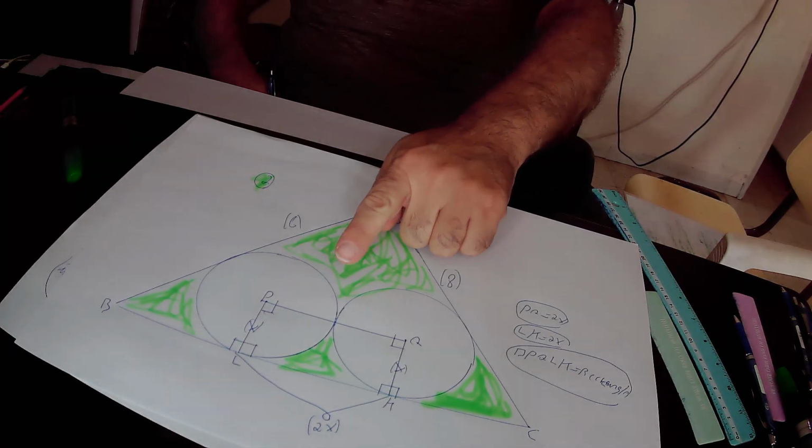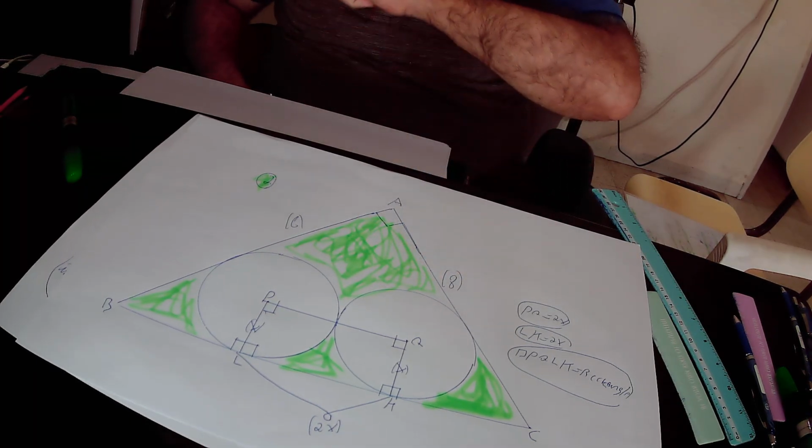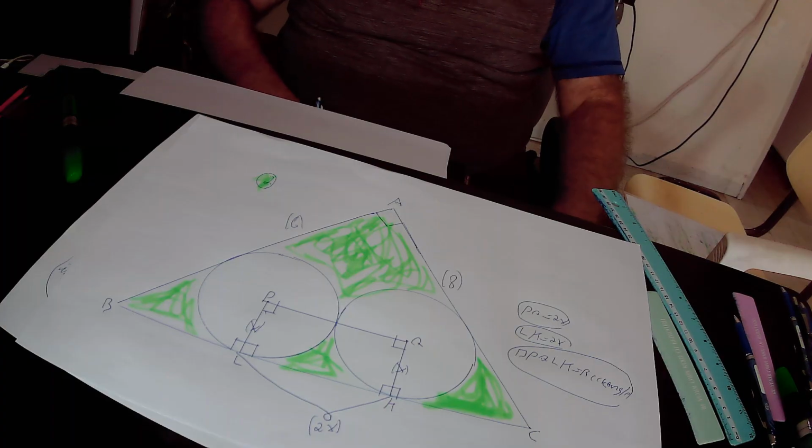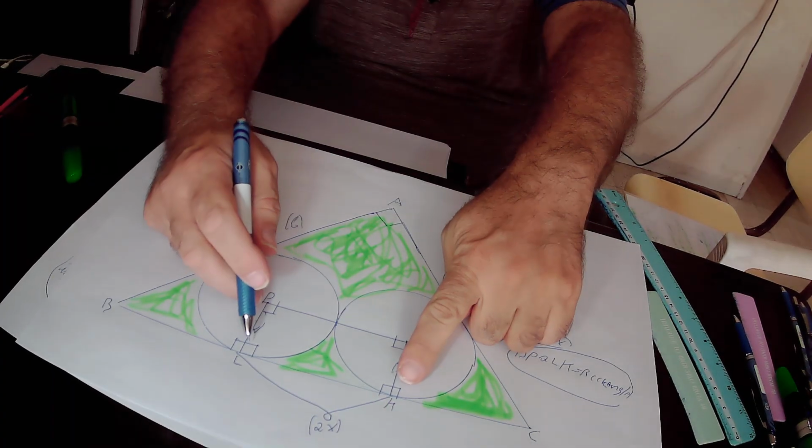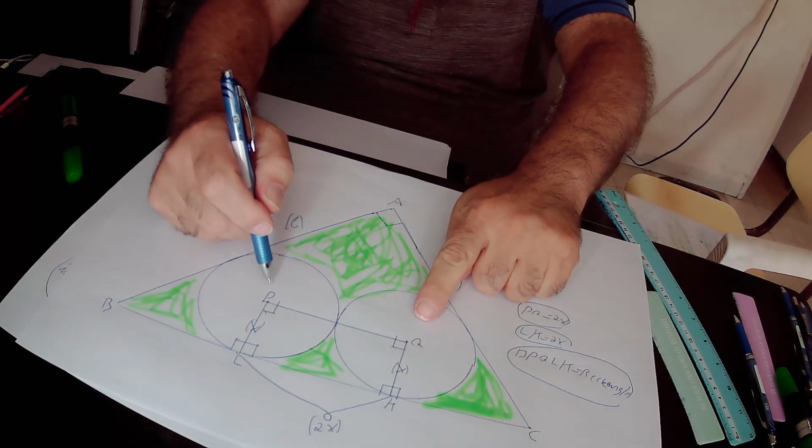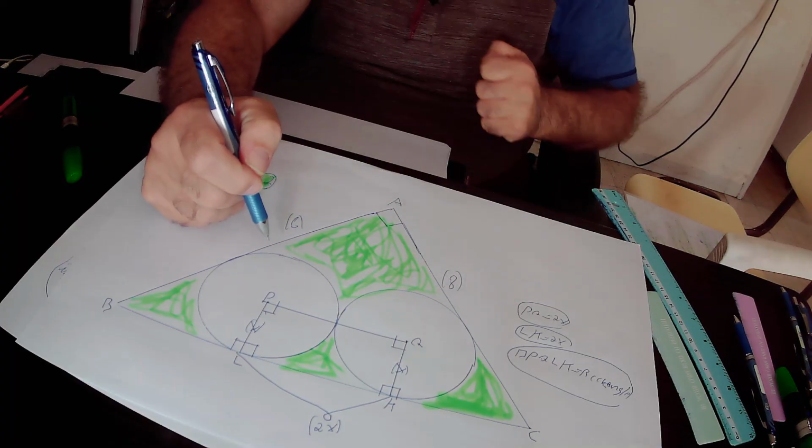This is rectangle PQKL that I copied from the original drawing. We already found out that LK equals 2x. Likewise, PQ also equals 2x.